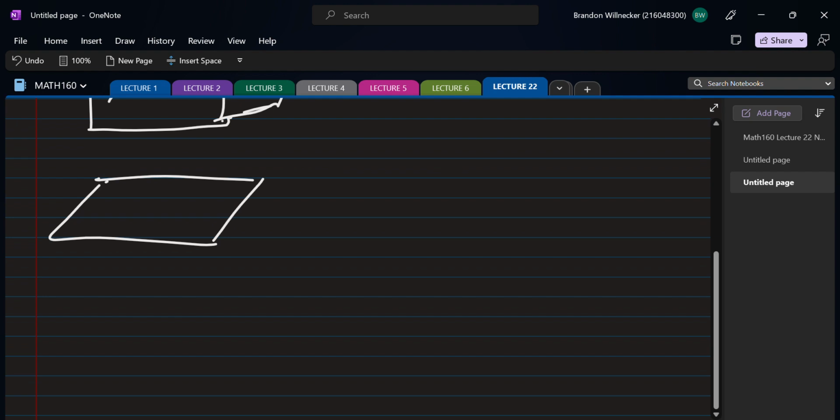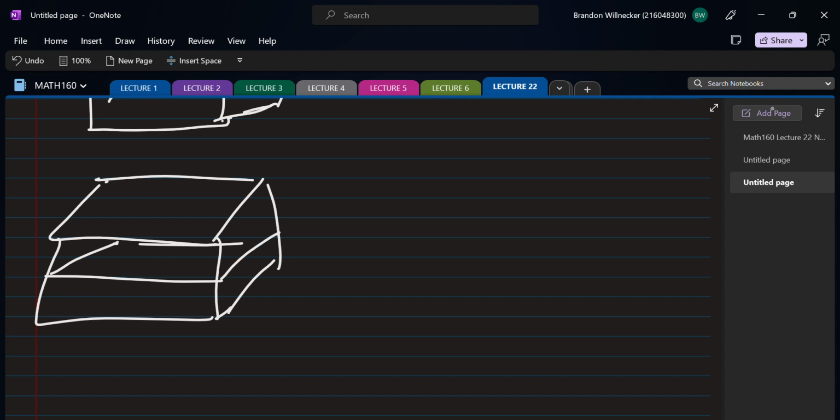Okay, so we have our box again. Okay, but now it is partially filled with water. This bottom region is water. The top region is going to be air. Now let's look at the density across the box. In that bottom region, the density is going to be very high because the mass of water is much greater than air.